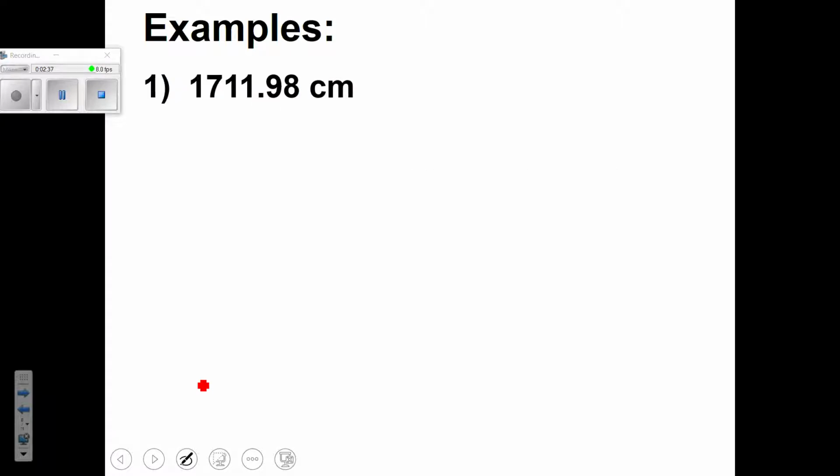In this number, you have 1,711.98 centimeters. We want to write this in scientific notation. So the first thing we do is we have to move our decimal to show only one number in front of that decimal. So we're going to count how many places. That's 1, 2, 3 places. So we're moving our decimal 3 places to the left, so that now it looks like this: 1.71198.